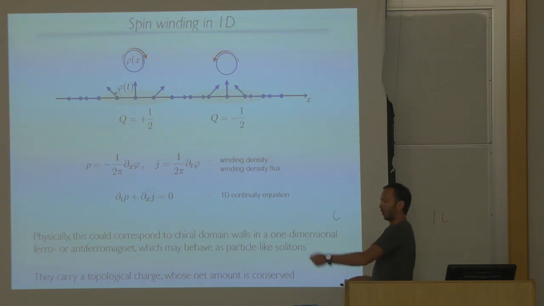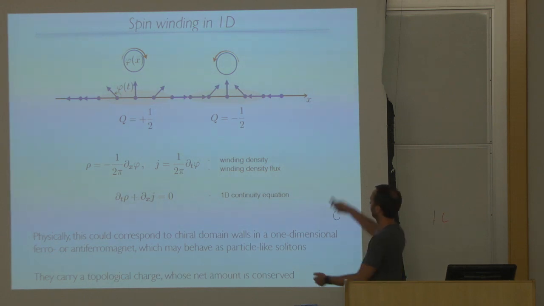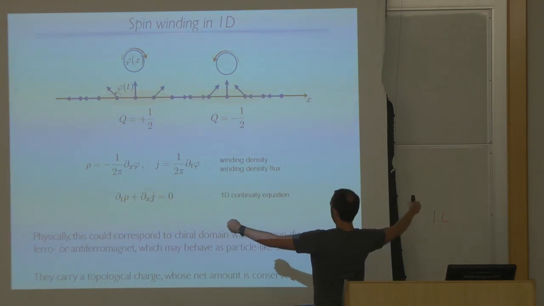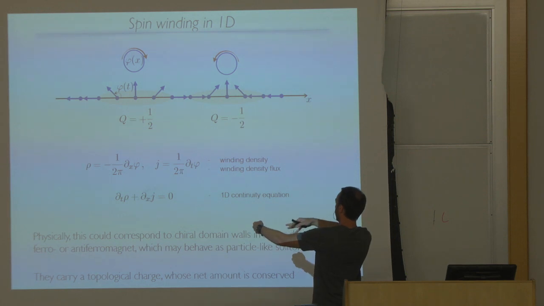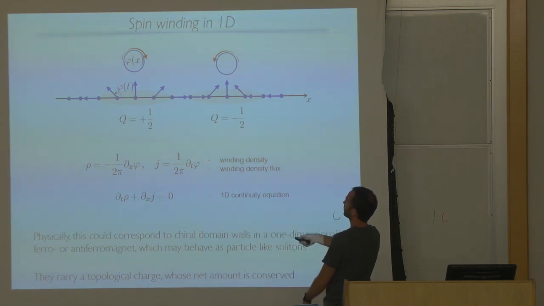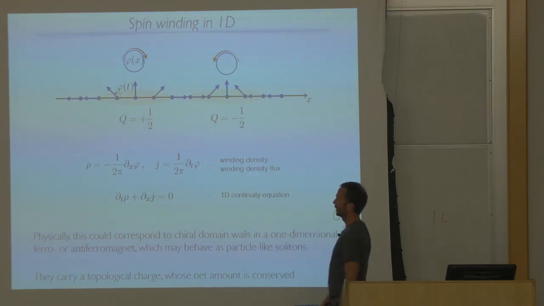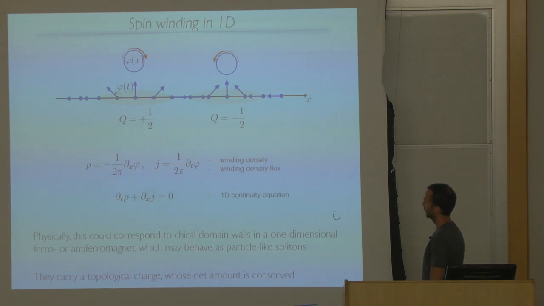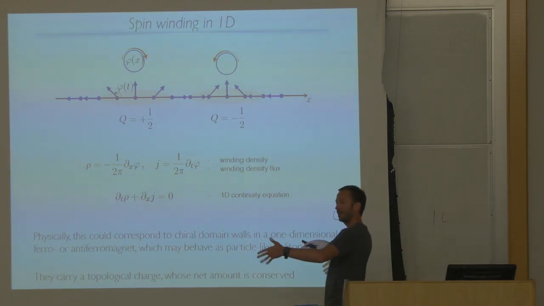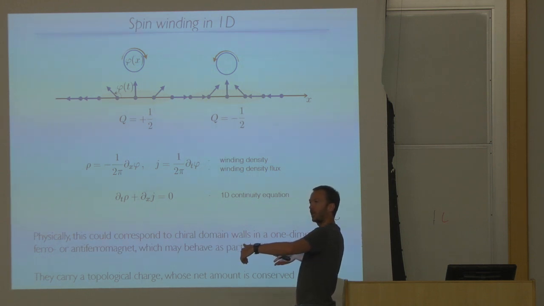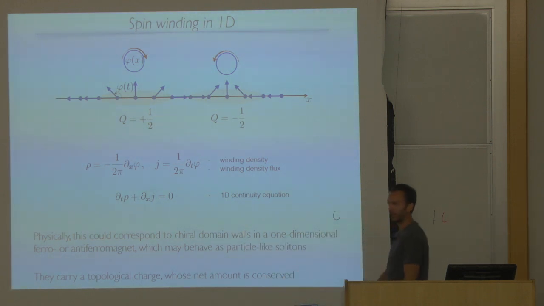you block the flow of this winding dynamic. So if you fix magnetization, let's say at two ends, then there's no flow of winding density in and out, and there will be just reshuffling of this topological winding density in the interior. If you make the ends loose, then through the dynamics at the ends, you could inject that winding density and extract it elsewhere and try to build a circuit based on that.